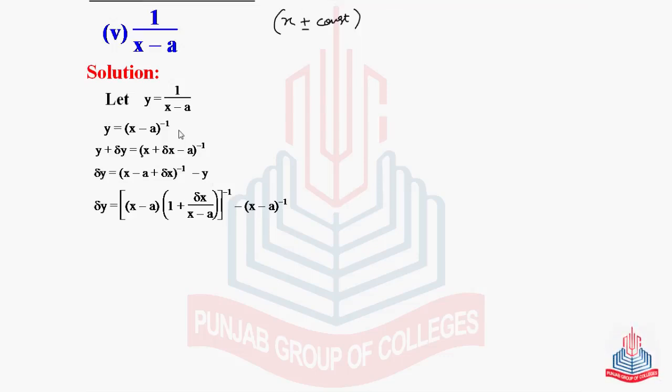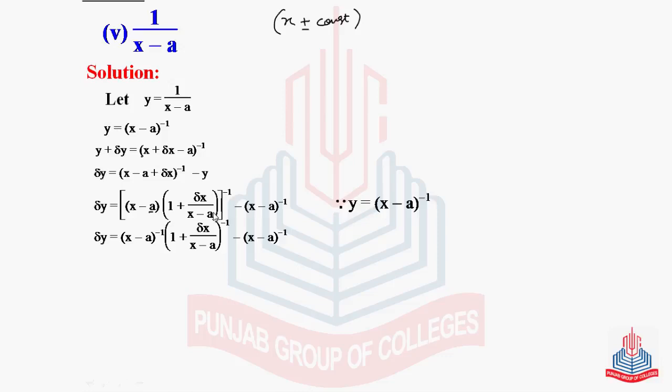So you can note that this is almost the same question as we discussed in our previous parts. The only change is this constant. So if there is any constant adding or subtracting with x, then that will remain unchanged with x, and almost all process will remain the same.